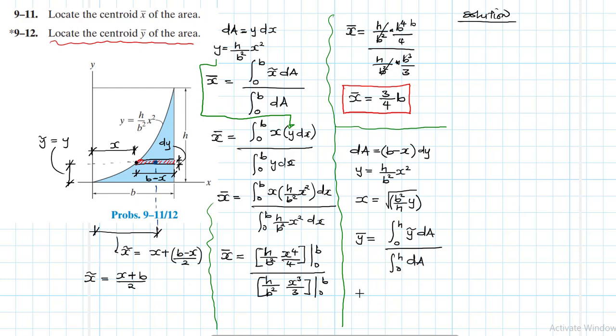So we replace the values in there. This y bar is going to be equal to the integral from 0 to h. Y bar, we said, is just y. And then dA, we said, is b minus x, and then dy, divided by the integral from 0 to h of b minus x dy.